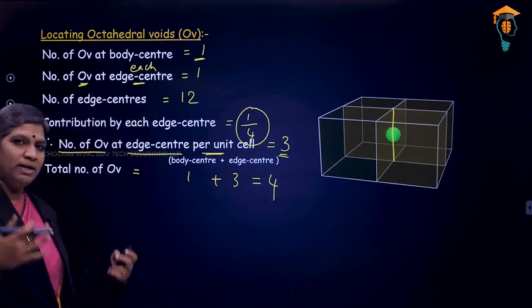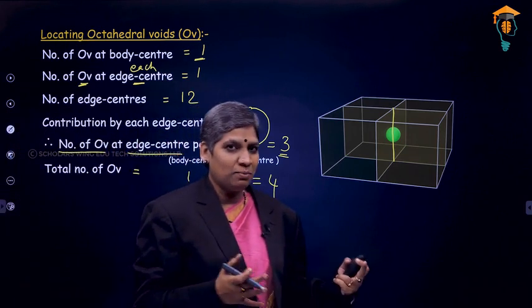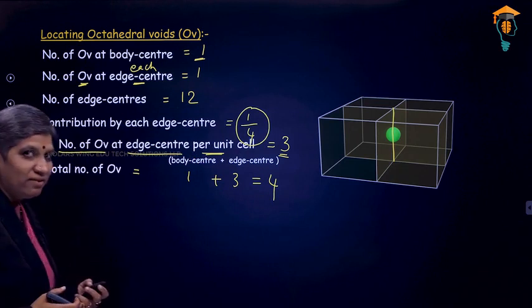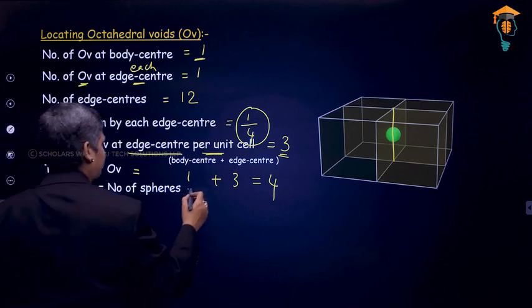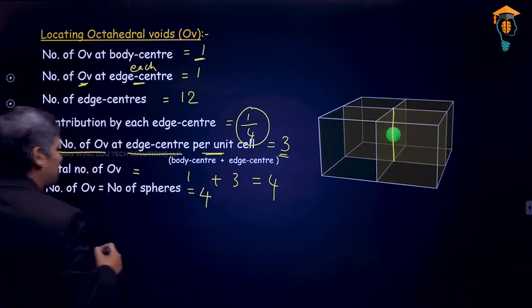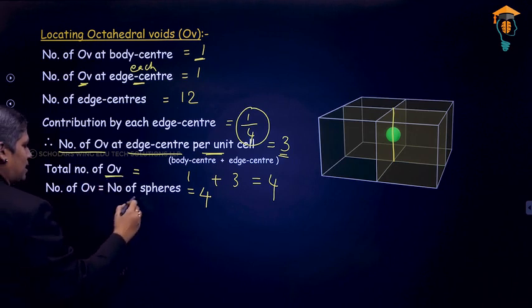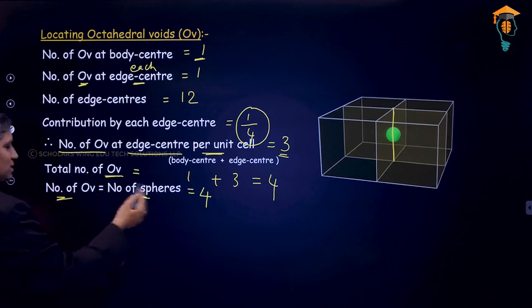Once we have found out the number of OVs per unit cell, we need to connect it to the number of spheres. How many spheres are present in FCC unit cell? Just now I taught it is 4, isn't it? That means it's very clear that number of OVs and number of spheres are both equal to each other. That is 4.